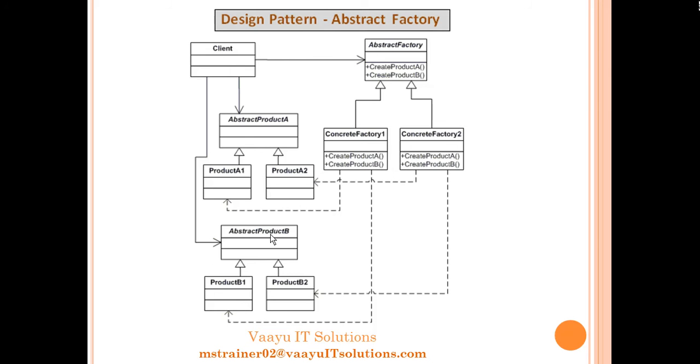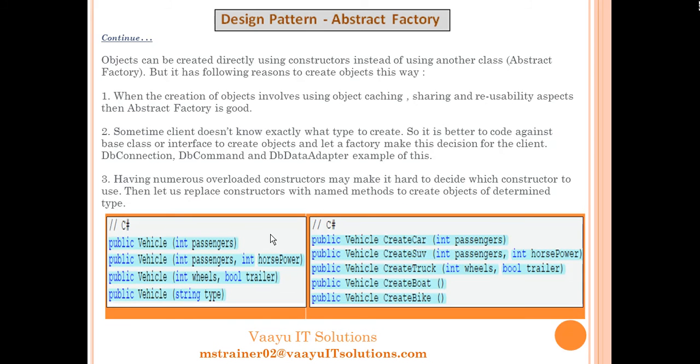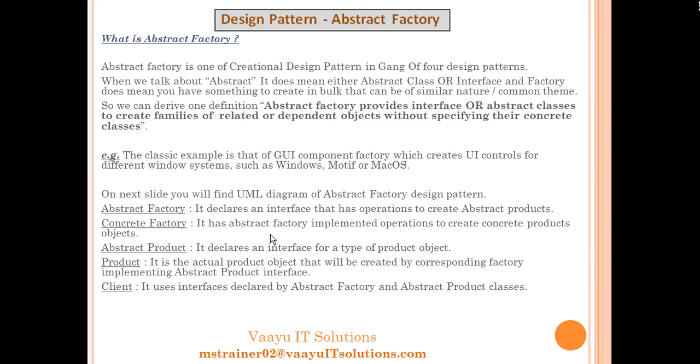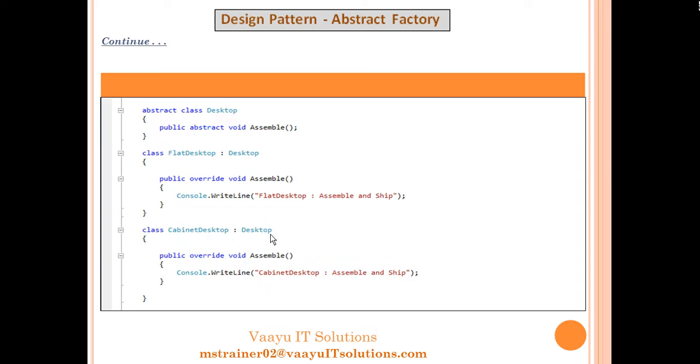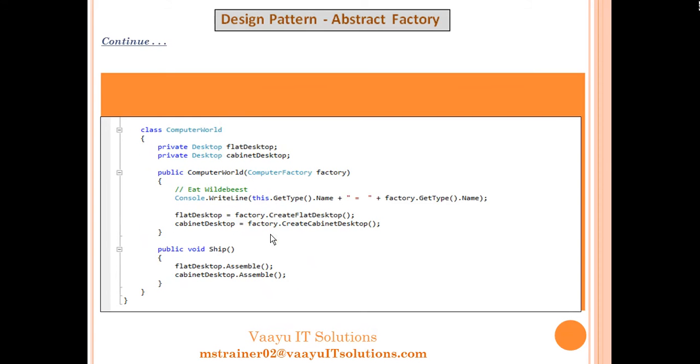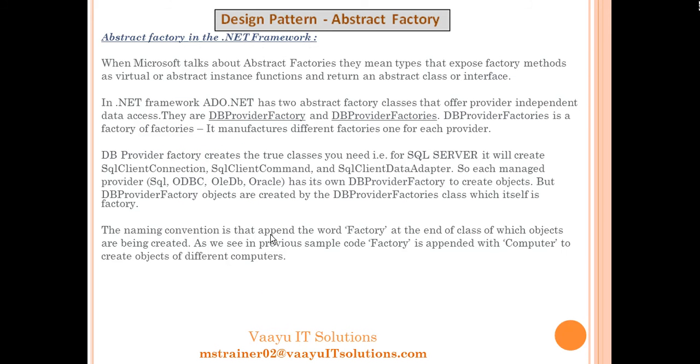The client is responsible for creating the objects. As I said, the client uses interfaces declared by the abstract factory and abstract product classes. Our computer world is doing that, using the abstract factory and abstract product classes to create the objects of the type you want. So I think it is clear now.